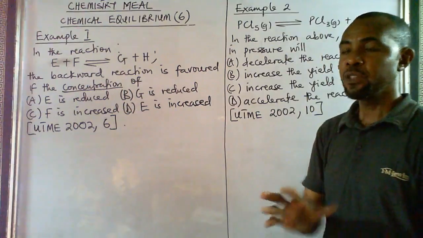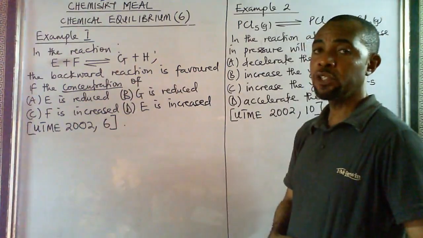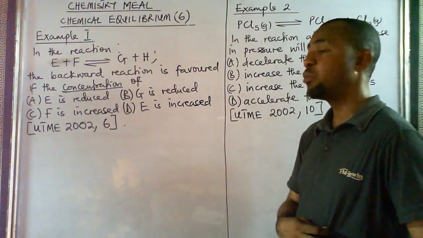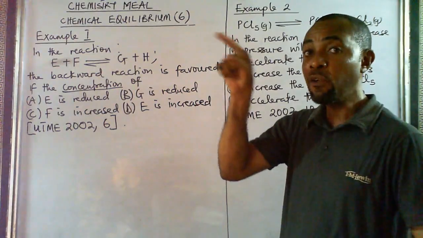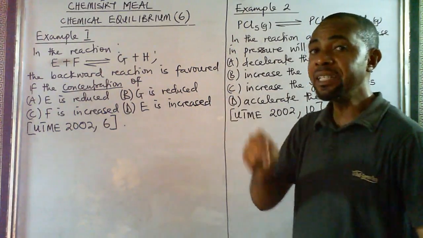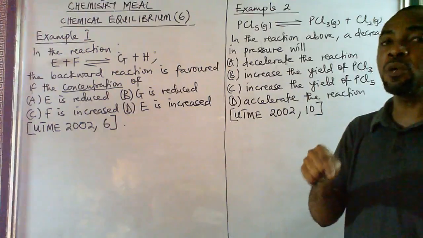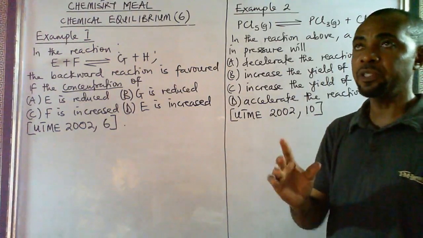If you go back to the effect of concentration that we have looked at, we say that when we increase the concentration of reactant, the forward reaction will be favored. And when we decrease the concentration of the reactant, the backward reaction will be favored.